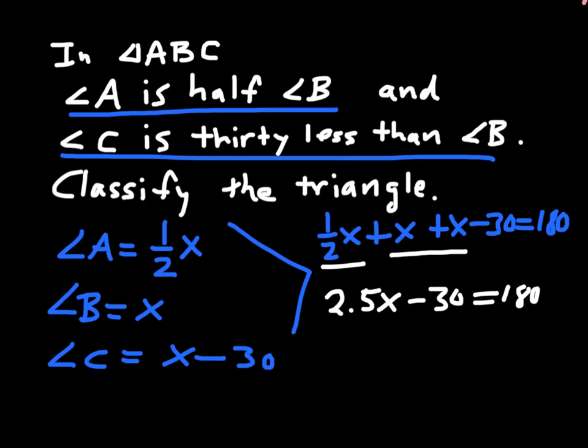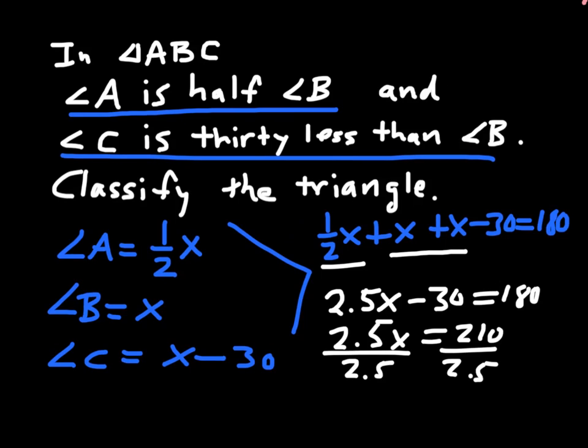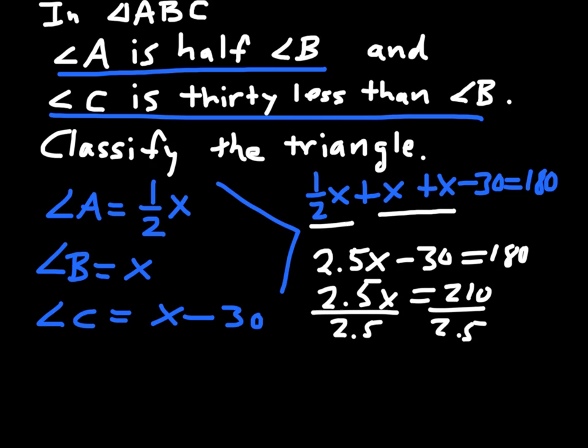Adding 30 to both sides gives me 210. And dividing by 2.5 would give me my x. So 210 divided by 2.5 is 84. So with all this work right here, I found out that x is worth 84.